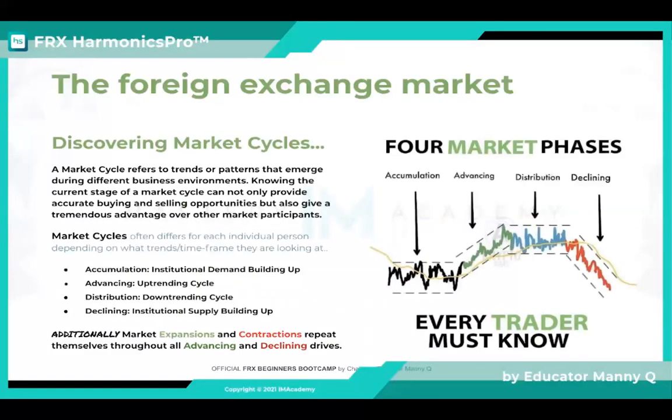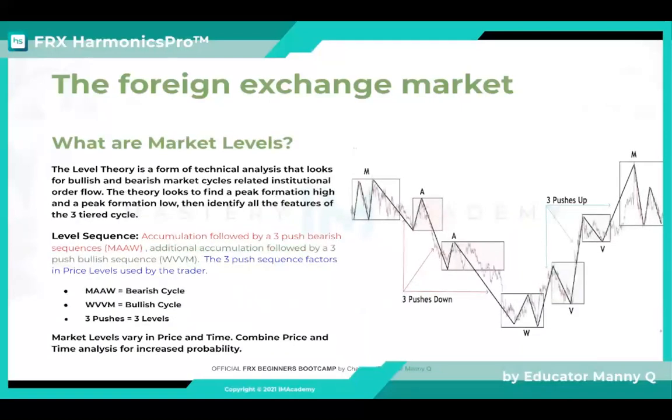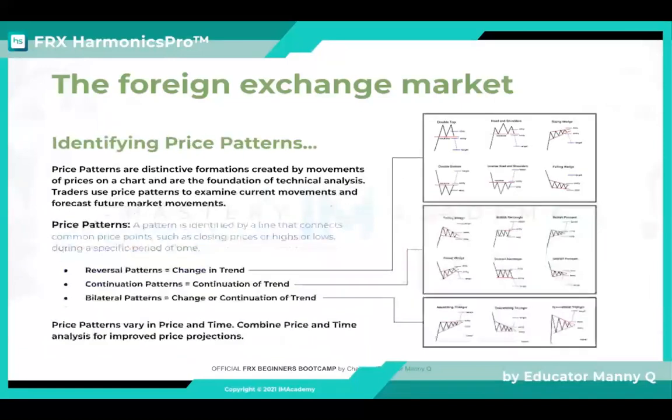The base analysis that we went over was discovering the market cycles: accumulation, advancing, distribution, and declining. We touched on what wave analysis is inside of the markets, and what market levels are.